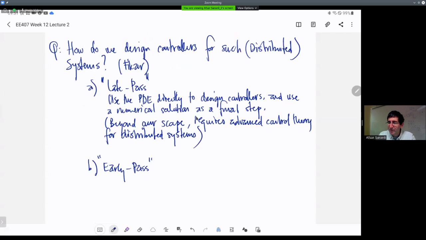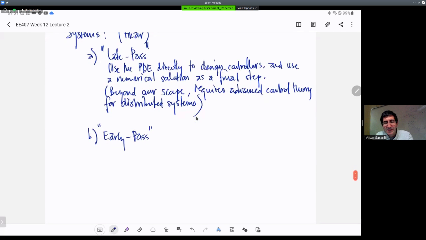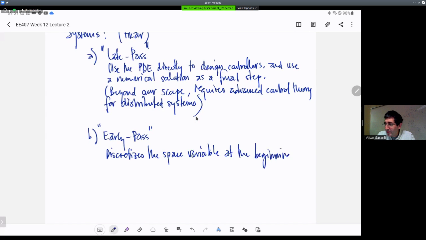Now, what we will rather focus on is the approach called the early pass method. The early pass, what it does is that it just discretizes the space variable at the beginning. So as a first step, it basically eliminates the distributed nature of the problem.